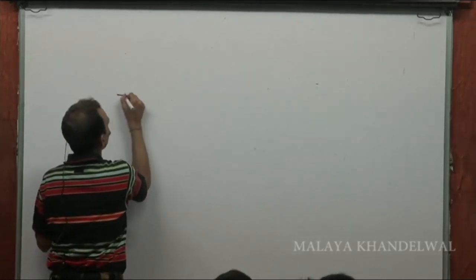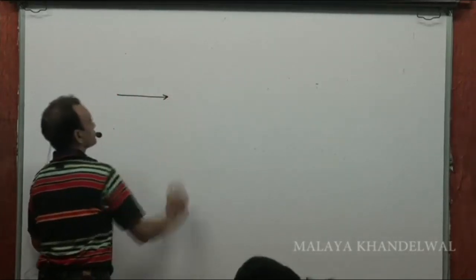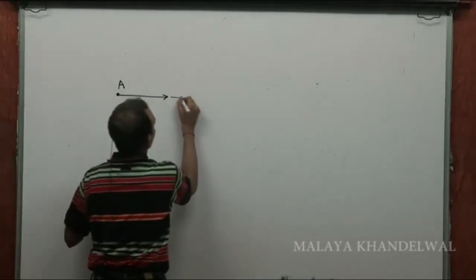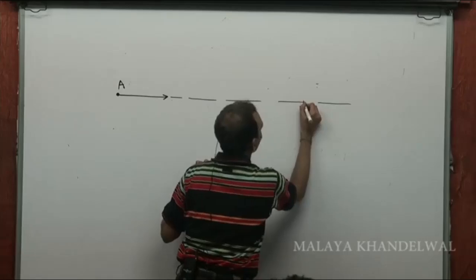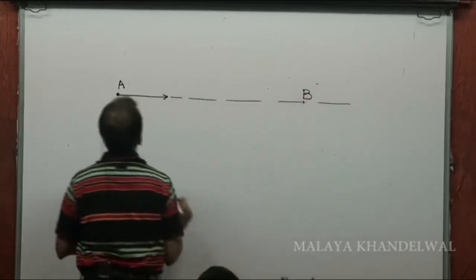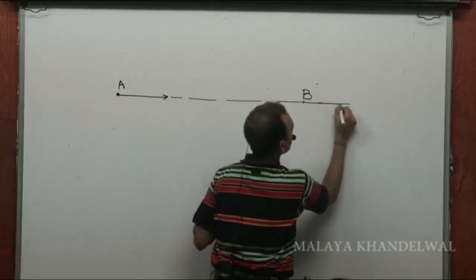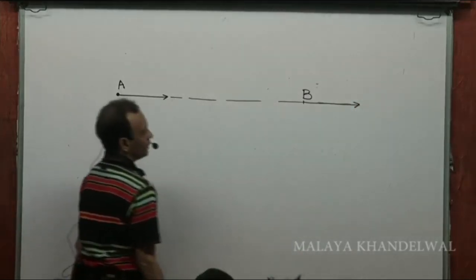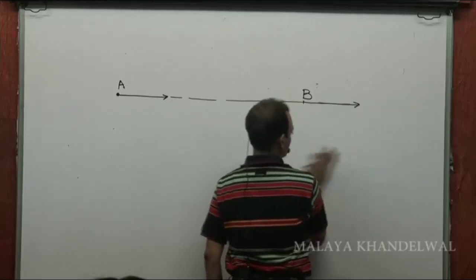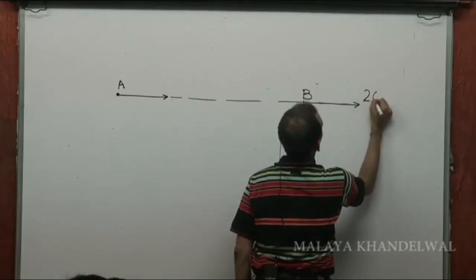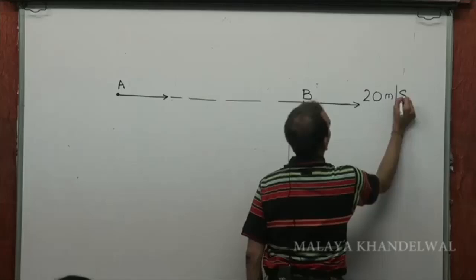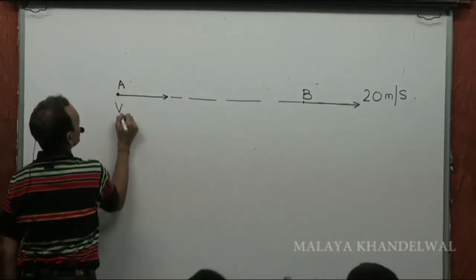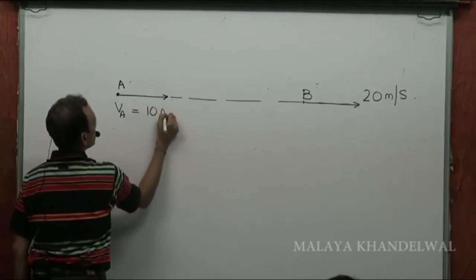So, a regular situation which you would have seen: if there is a particle A, and there is a particle B, say B moves to the right with a velocity of 20 meters per second along the x-axis, and A moves to the right with a velocity Va of 10 meters per second.